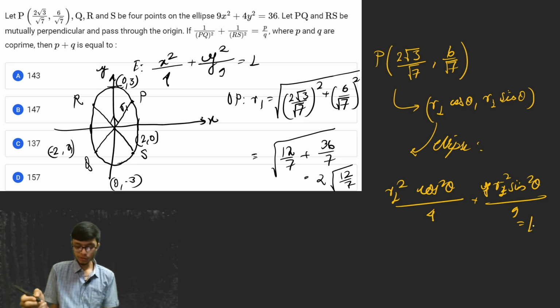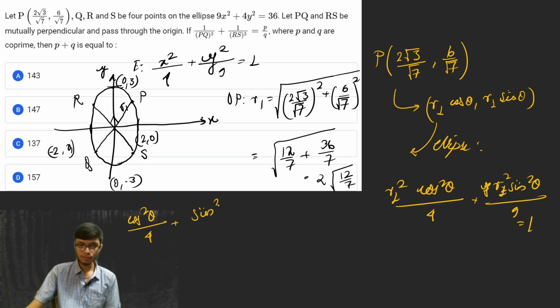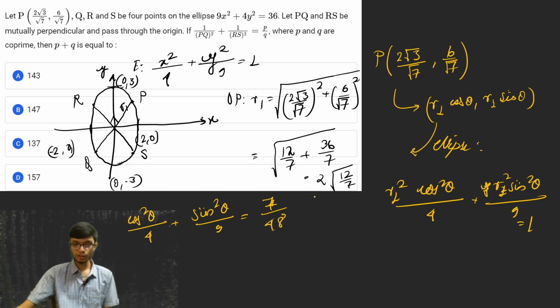All right, so we obtain this particular relation, and we already know the value of r1 square is basically equal to 48 by 7, and that will give me cos square theta by 4 plus sine square theta by 9 is equal to 7 by 48. That's the first equation. So let me write this as the first equation.